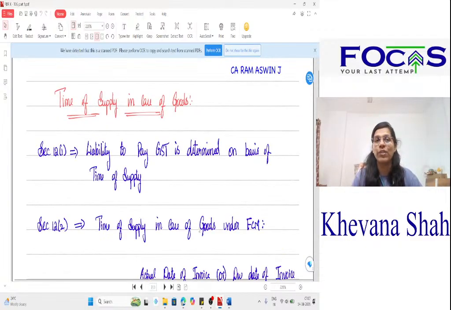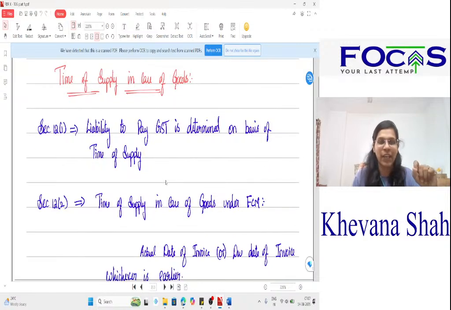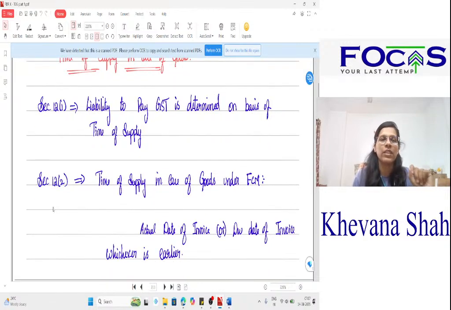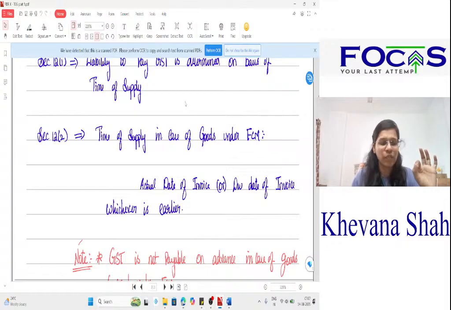Next we have time of supply in case of goods. This is governed by section 12.1, which says that liability to pay GST is determined on the basis of time of supply, and section 12.2 says the time of supply in case of goods under forward charge mechanism. Under forward charge mechanism, the time of supply will be the actual date of invoice, or the due date of invoice, whichever is earlier.